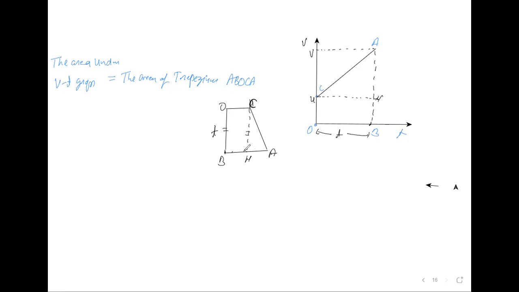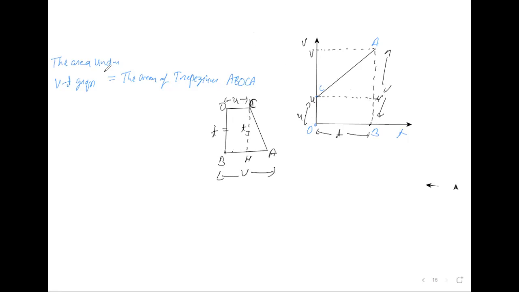So OB and CN are equal, having the same magnitude t. OC has magnitude u, so this is also the same u. And AB has the bigger magnitude of velocity, v. So we redraw this trapezium from the curve.